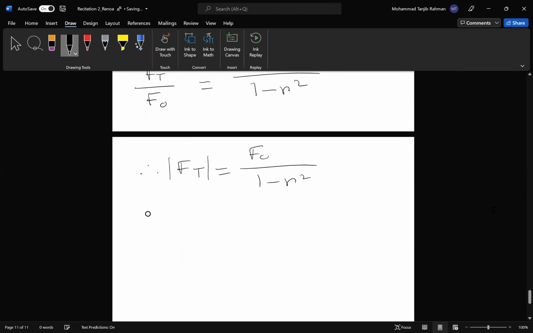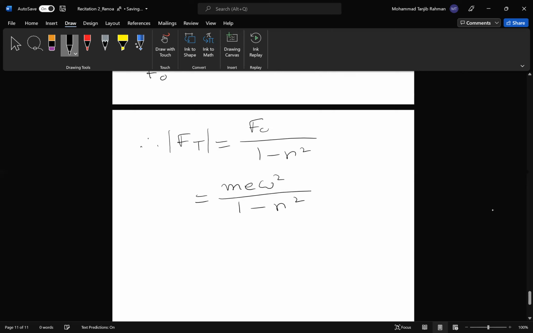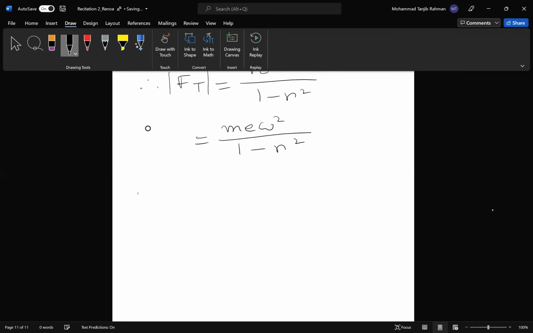We can also write F naught is equal to m e omega square. So if I just enter all the values, it would be 0.2303 multiplied by 125.6 whole square, times 1 over 1 minus r square, which is 0.1796.